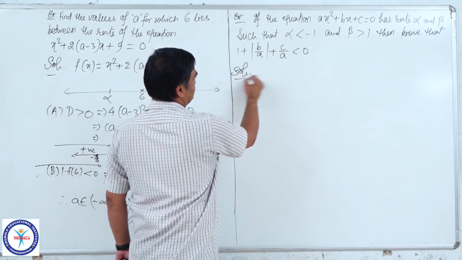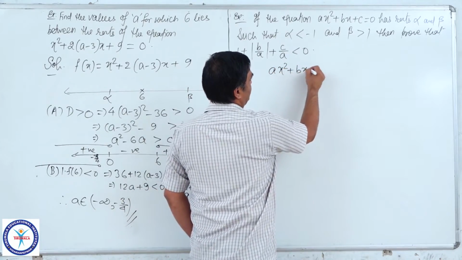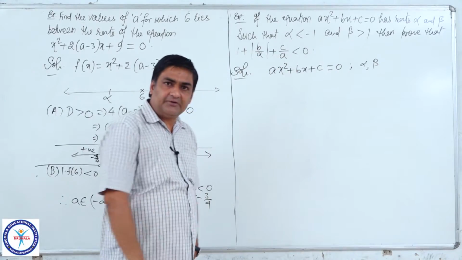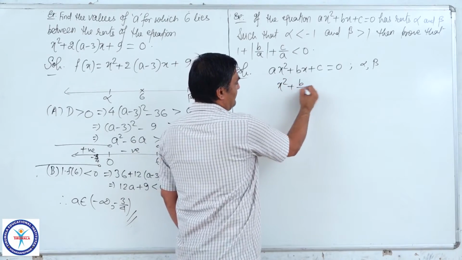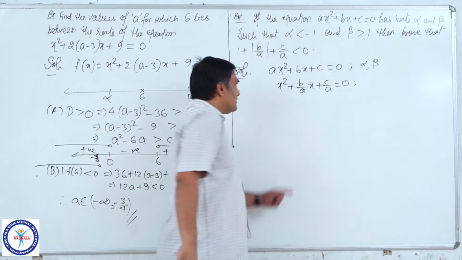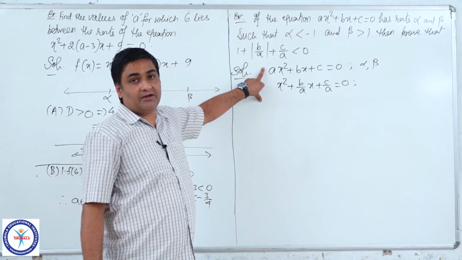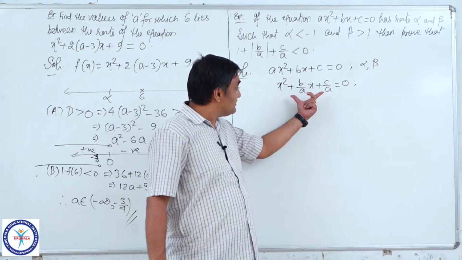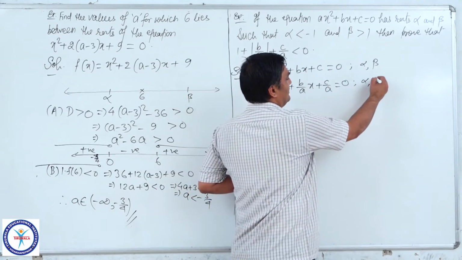See, ax square plus bx plus c equal to 0. Roots are alpha and beta given. So tell me about the roots of this equation. This equation is obtained by dividing by a in the given equation, so what will be the roots? Alpha and beta.